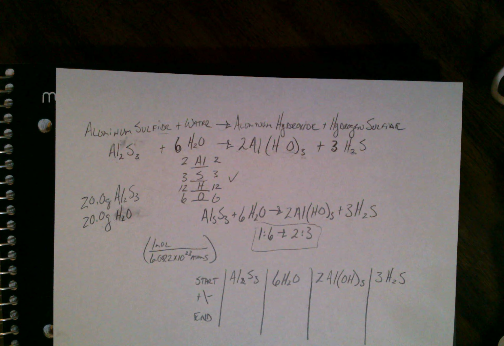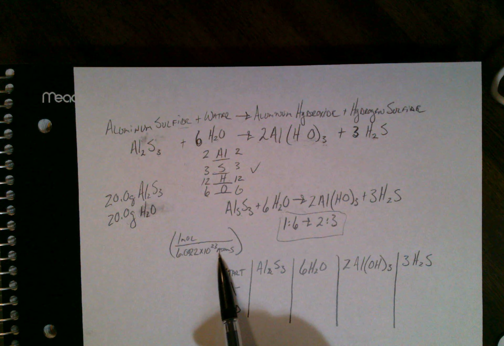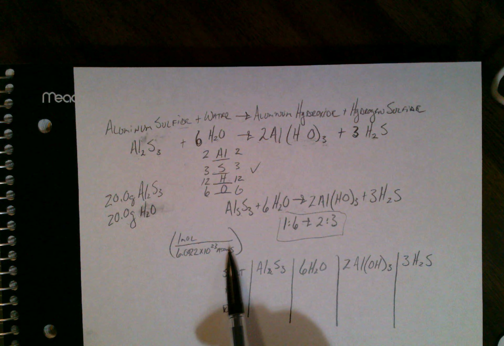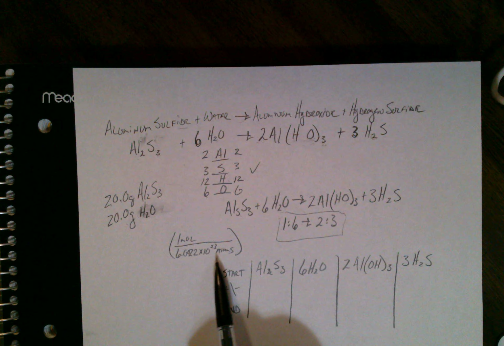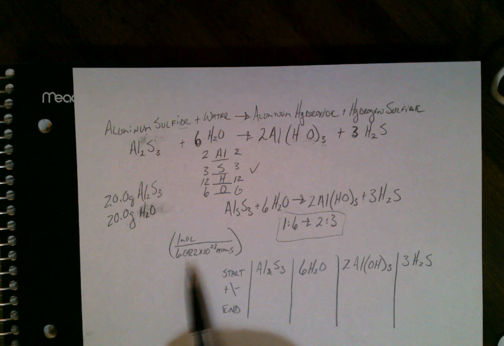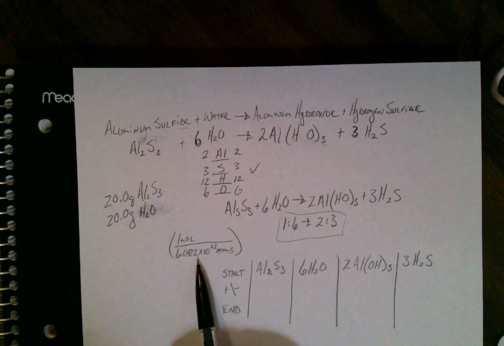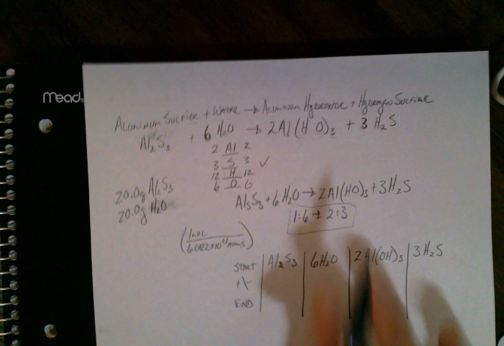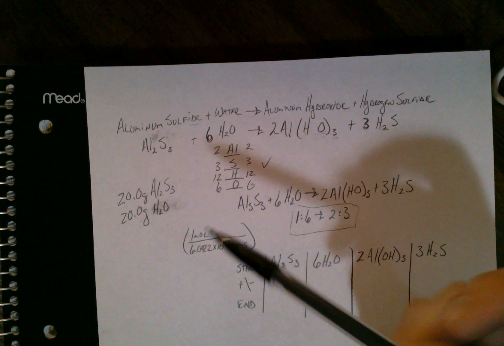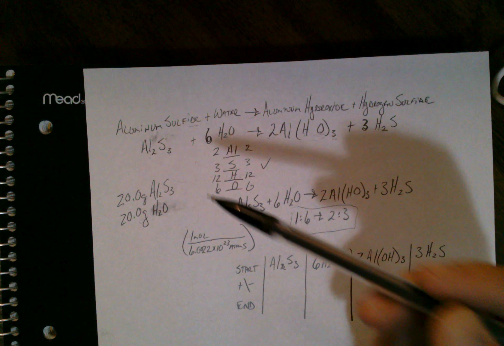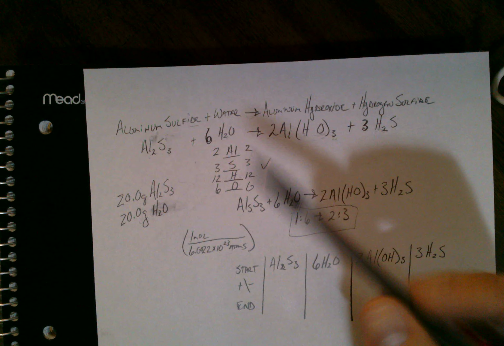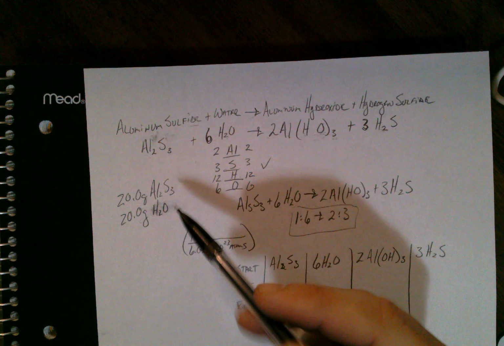So we got to figure out how many atoms are in there, and we're going to do that in moles, not atoms. But that's the same thing. It's an equivalent. But we're going to use moles because it's an easier number to work with than these super high exponent scientific notation numbers. So, anywho, let's get to it. So first off, we're going to need to figure out how many mole of aluminum sulfide we have in 20 grams.